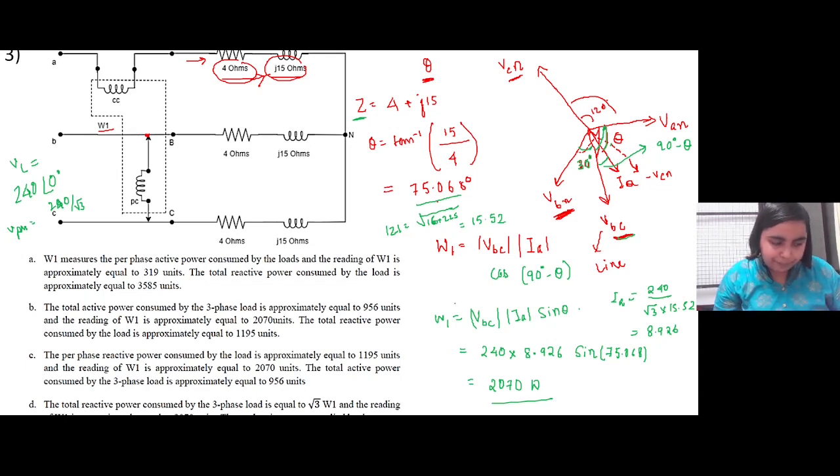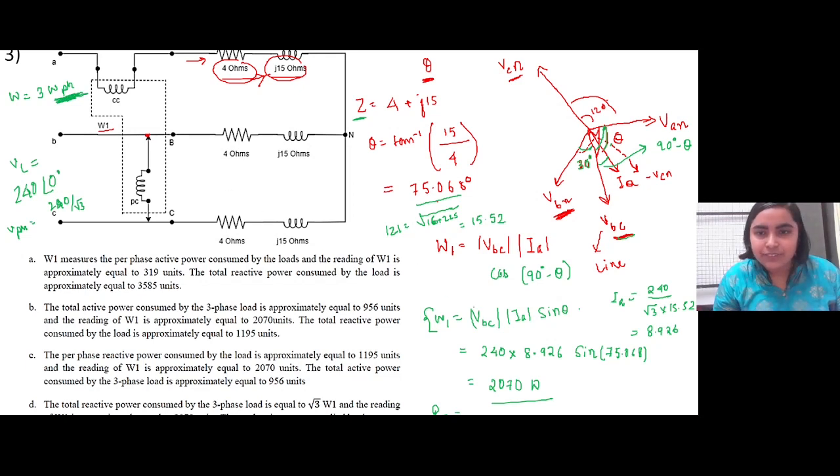Now, if you have to find the total power, it will be root 3 times what W1 is measuring. In a three phase circuit, the total power is 3 times the power in each of the three phases.